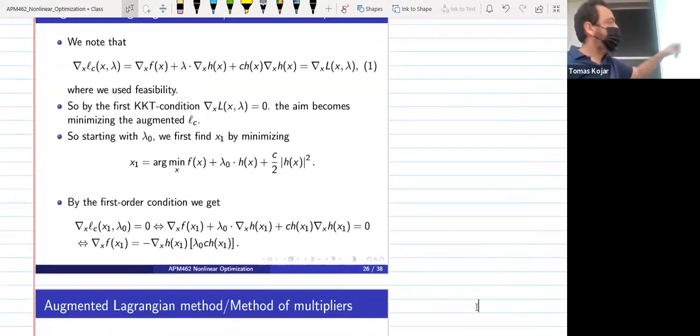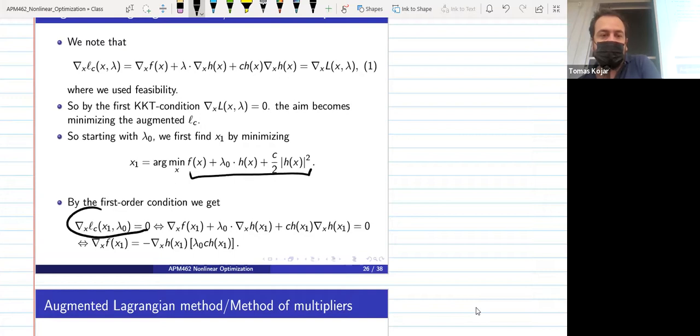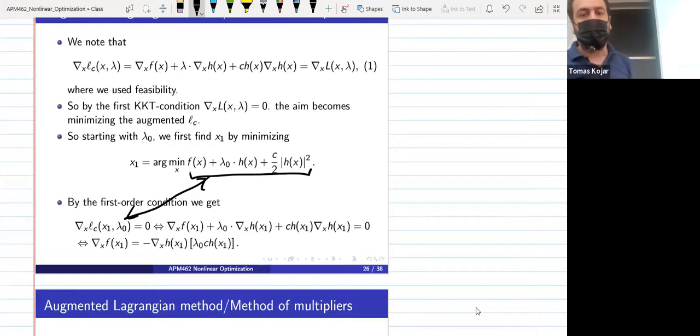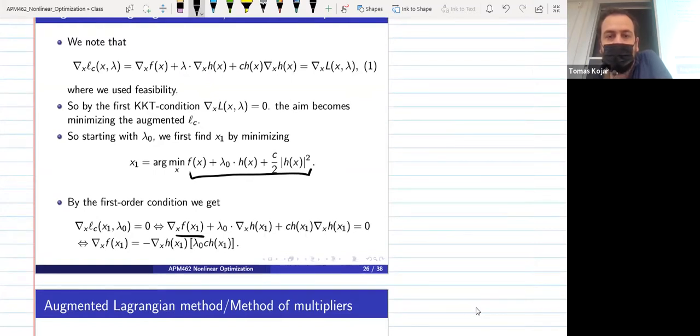You want to minimize this expression, so you use the first order condition. I take the gradient of this and set it to 0. So that's what happened here. I took its gradient, and I have gradient of f, gradient of h, and then by the chain rule, I get this expression.